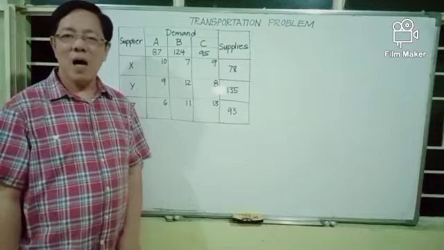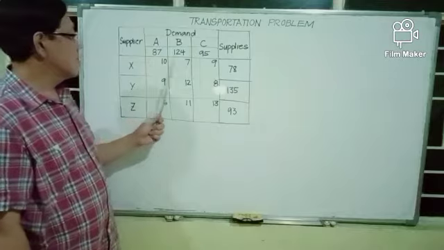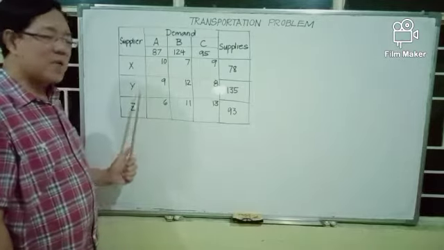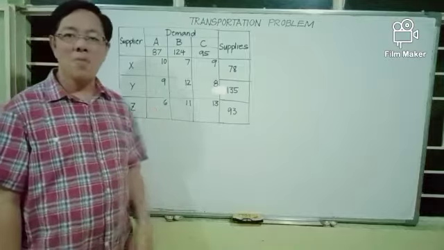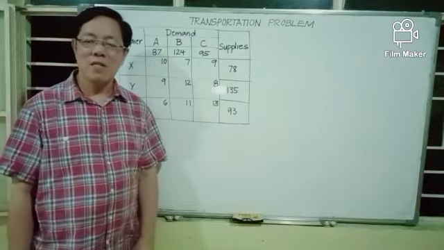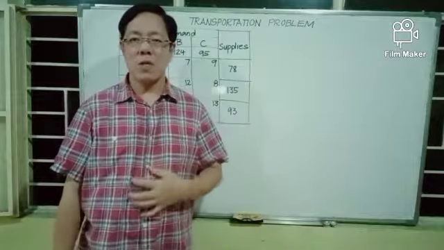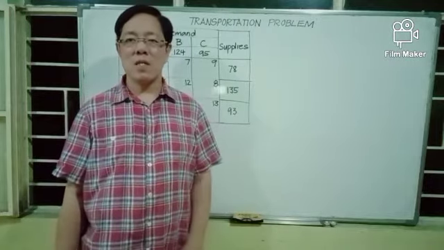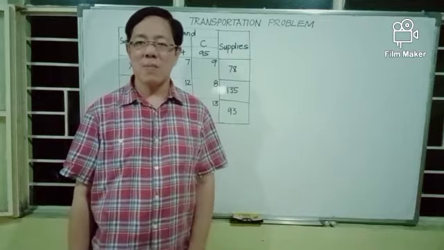The problem here is where to get the demands. From which of the three suppliers should these demands be obtained such that the total cost of transporting the supplies to the customers is minimized.